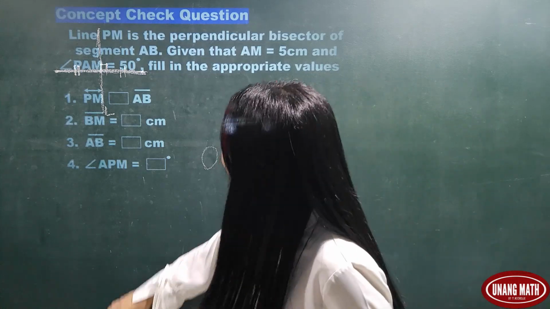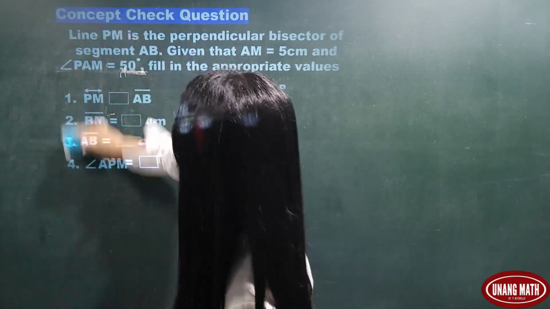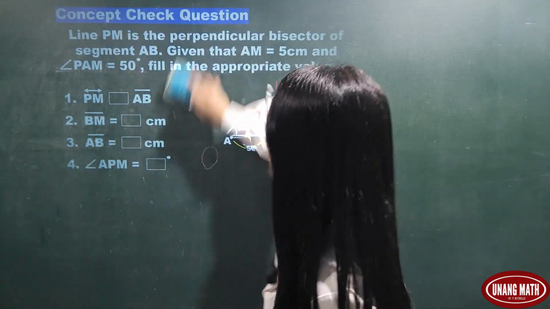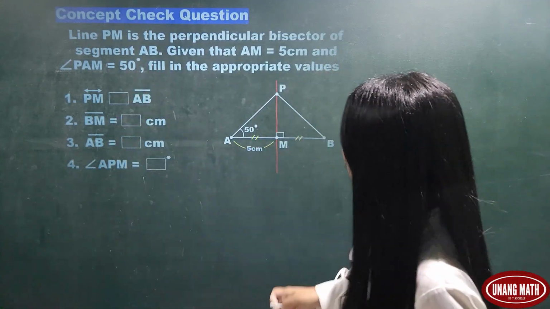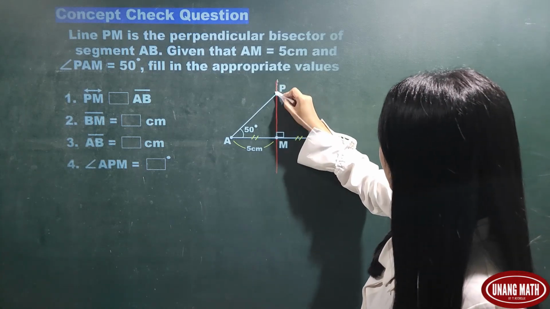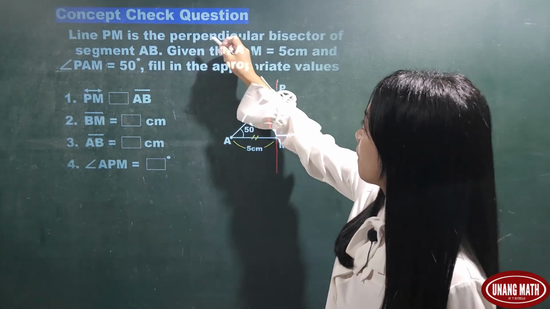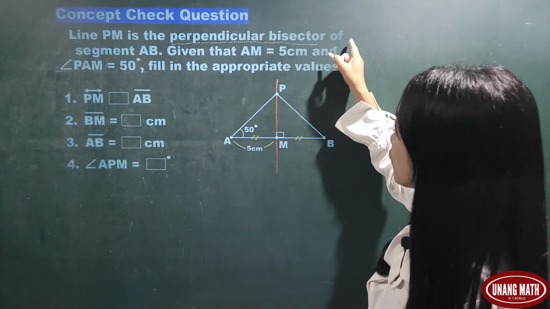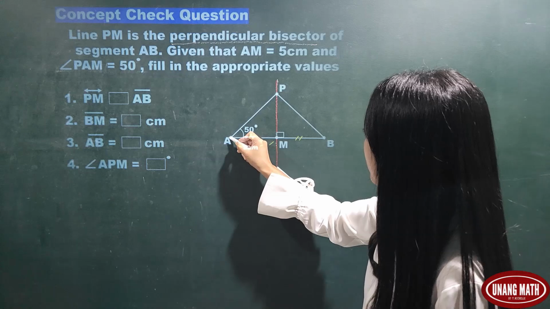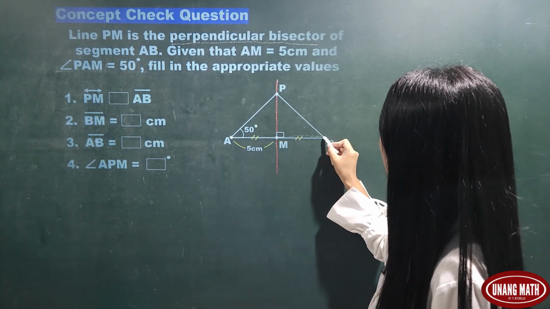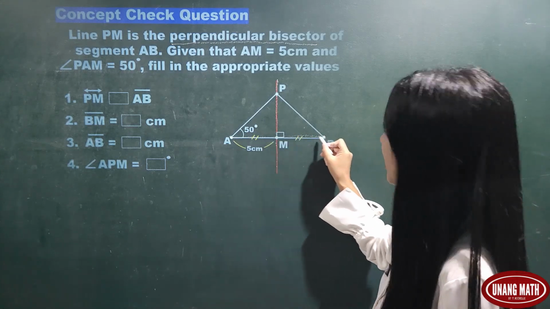Okay, this time, let's answer this concept check question. Line PM, where's line PM? This line is the perpendicular bisector of segment AB. So where's segment AB? From this point until this point, this is segment AB.